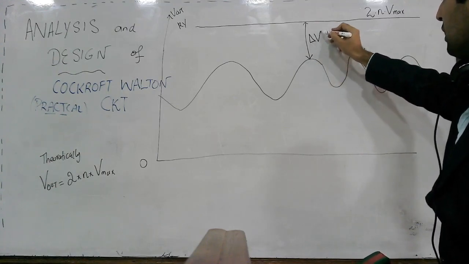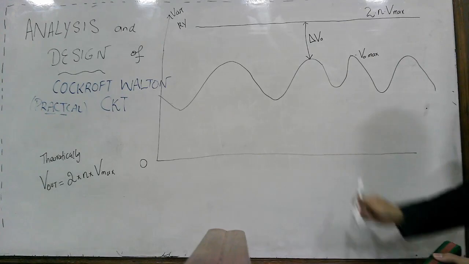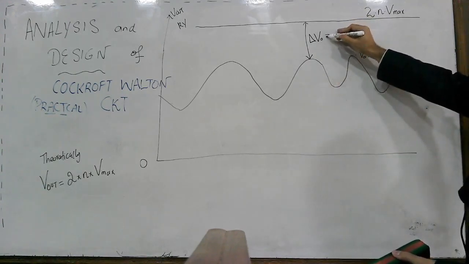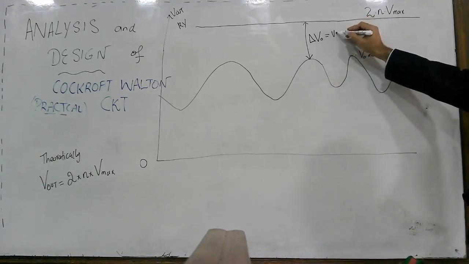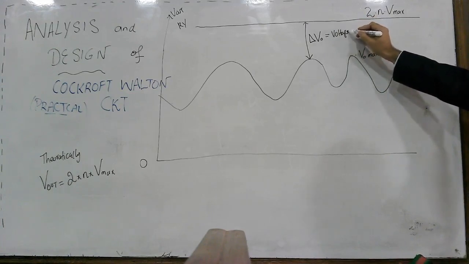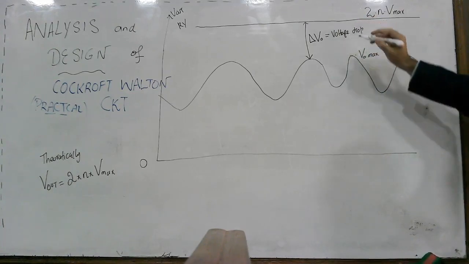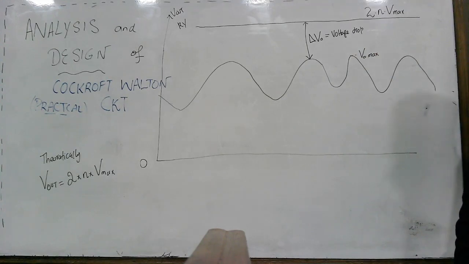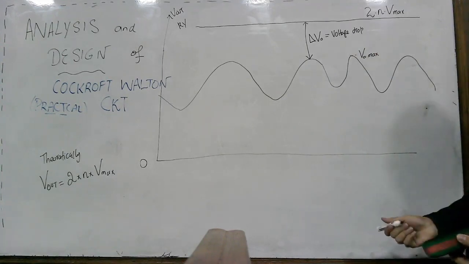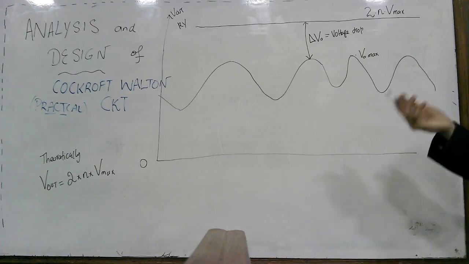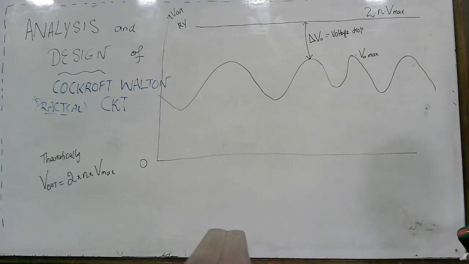The difference between this theoretical voltage value and the practical maximum voltage value we will call delta V out. This is what we told you in the previous lecture as well. This is known as the voltage drop, which practically you have to face in the Cockcroft-Walton multiplier circuit.